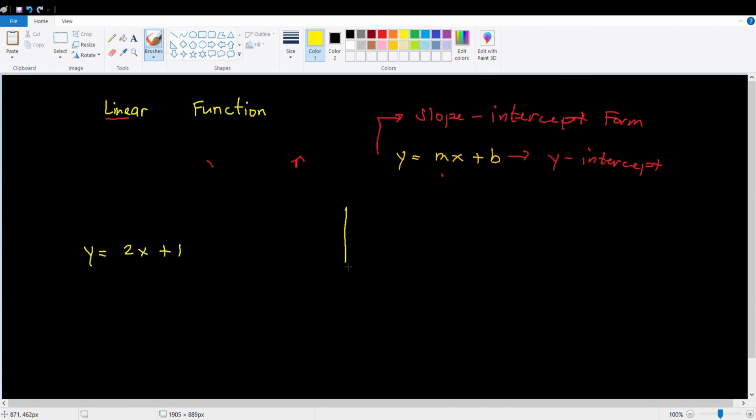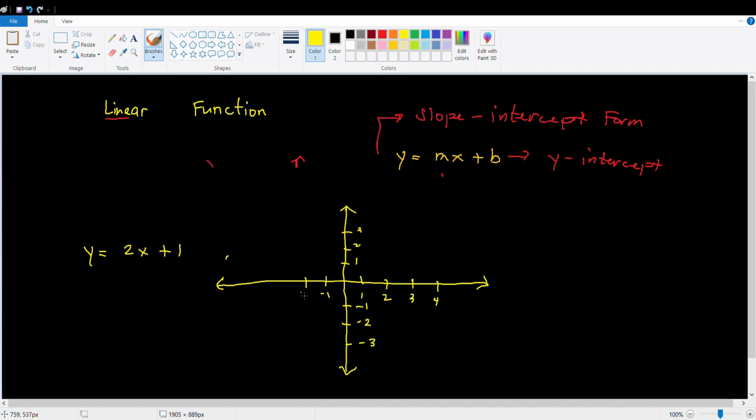So let's draw a Cartesian coordinate plane. Okay, let's label this. We have 1, 2, 3, 4, and also -1, -2, -3. So you have 1, 2, 3, and -1, -2, -3.